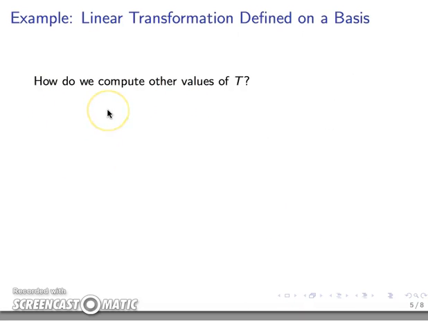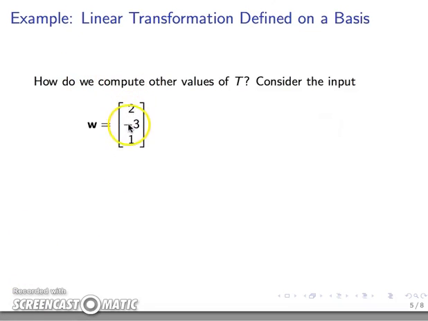And this raises the question: if we have information on the basis elements, how about computing other images? Remember, we are considering T from U into V, and we're assuming that U is C sub 3. What if we can use the information on the basis elements of C sub 3 to calculate the images of other members of the domain?